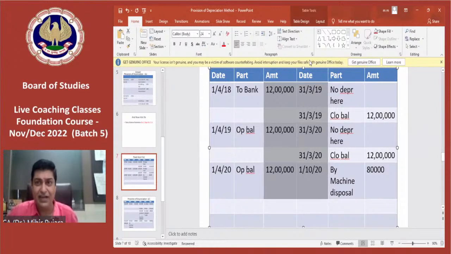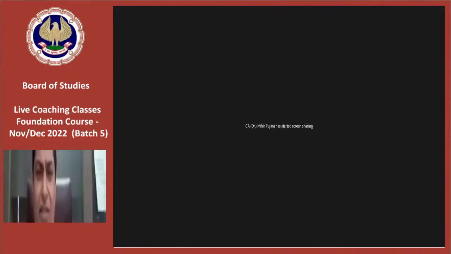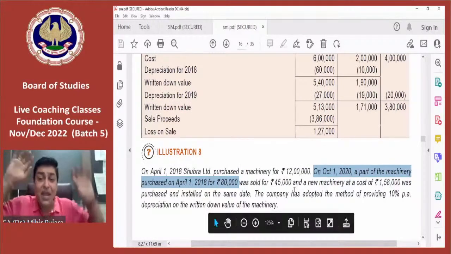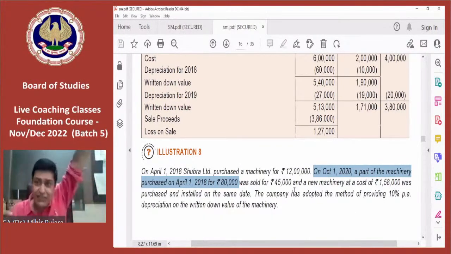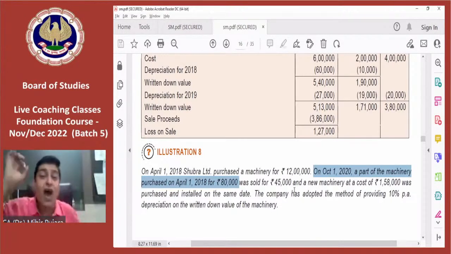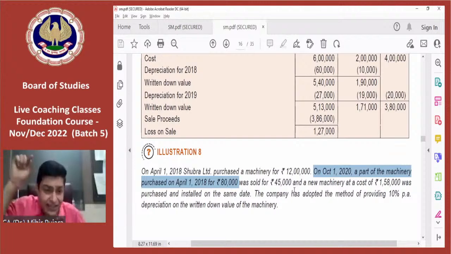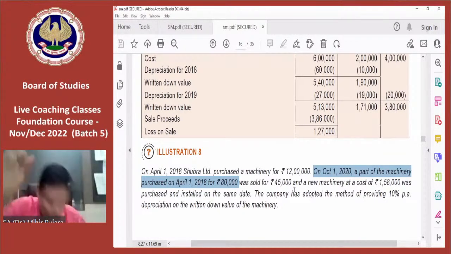And therefore, friend, if you see the question, on 1st October 20, part of machinery purchased on 1st April 18, date of purchase, for rupees 80,000. So you can understand this 80,000 is the cost as on date of purchase, as on 1/4/18. So 80,000 is the original cost.